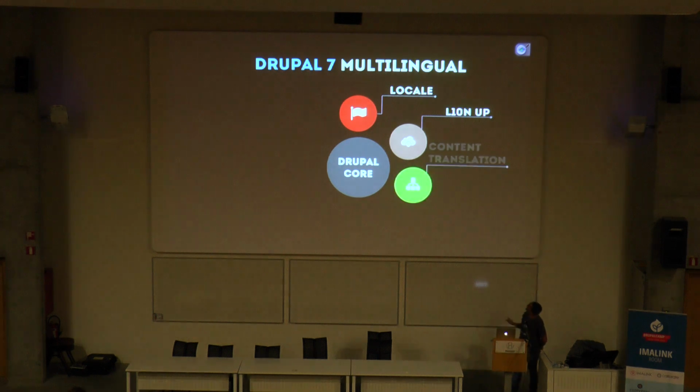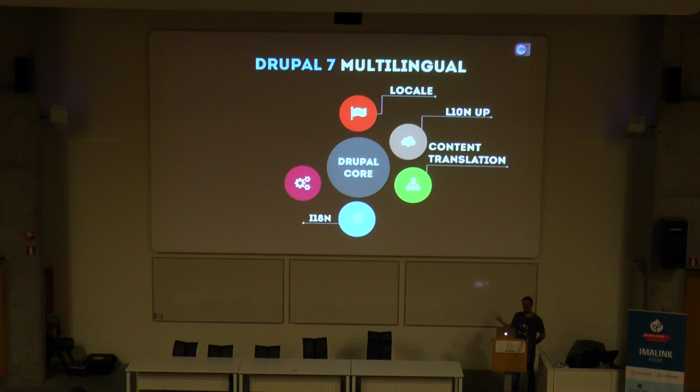And then you want to translate your content, so you have the content translation module, which supports nodes, and you can translate your nodes by creating copies of them. But you also have menu items and taxonomy terms and other stuff that you want to translate. So then you need the I18N suite that allows you to translate those.